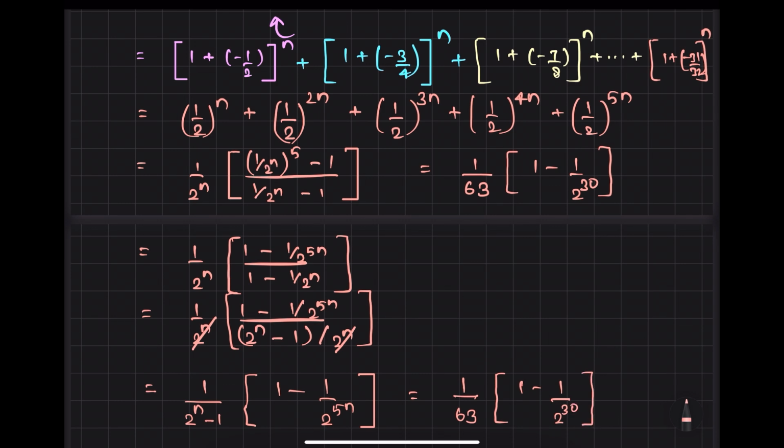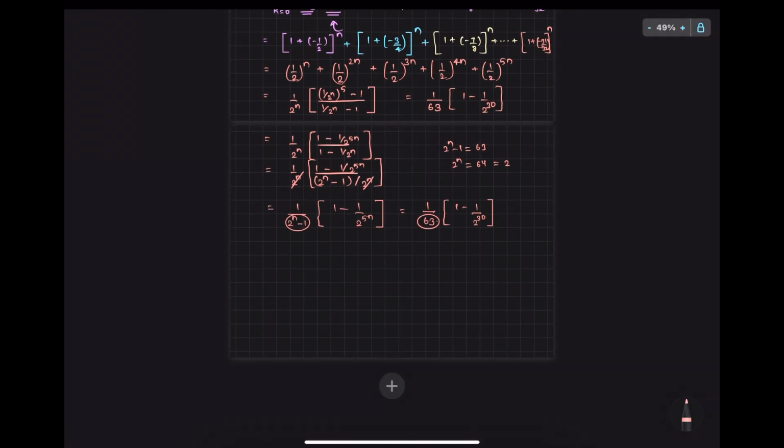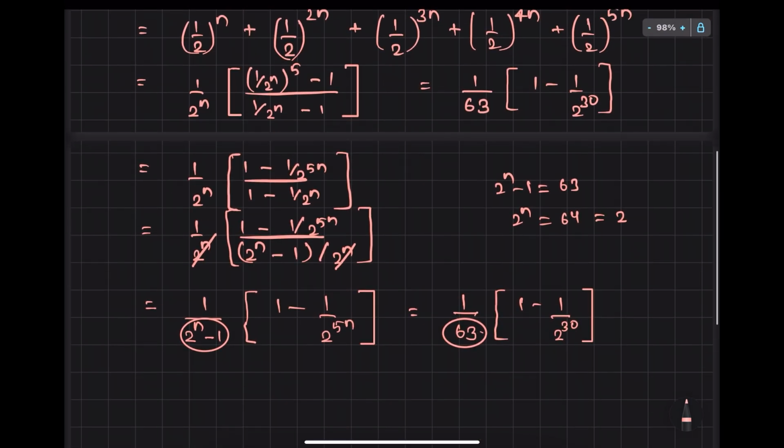Okay, now look at this. So we can write this thing, because this is an odd number, and here also we have an odd number, so we can compare 2 power n minus 1 as 63. So 2 power n minus 1 equals 63. So 2 power n will become 64, and 64 is nothing but 2 power 6.